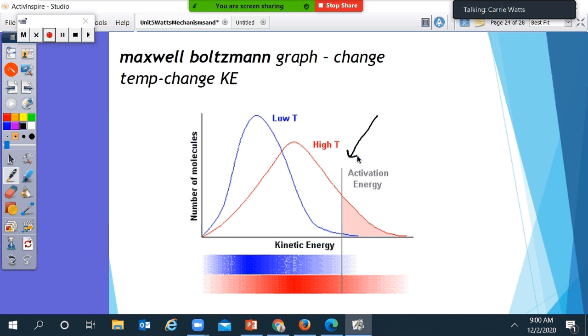Now it doesn't change at a higher temperature, but it shows you that there are more molecules that can get to that energy. So the activation energy is the same, but as you increase the temperature, you increase the number of molecules that can meet the activation energy requirements.